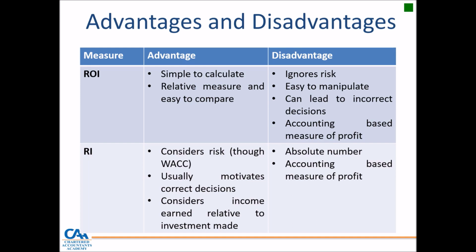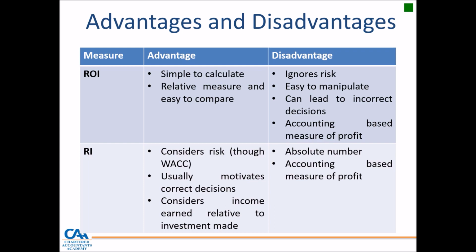Why? Because since it is an absolute figure, the factors contributing to my entity having a residual income of, for example, 1 million could be different from another entity. And also the major disadvantage is it is an accounting-based measure of profit.